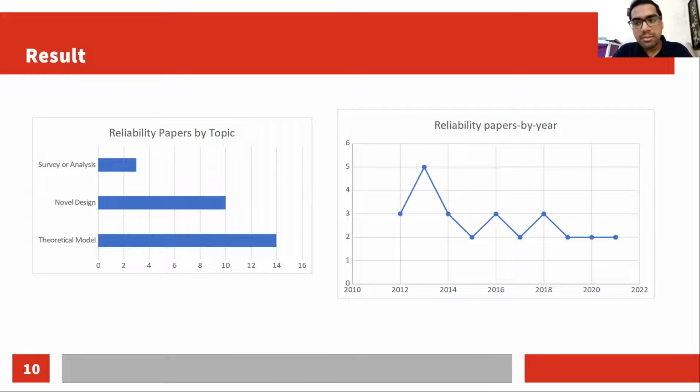There were a few survey papers, analysis papers, and a few more novel designs. And as we can see on the chart on the right, as the years go by, there's almost a stable trend from 2015 onwards, 2014, 15, and this has been going almost stable after that. But before that, there were more research papers on this.